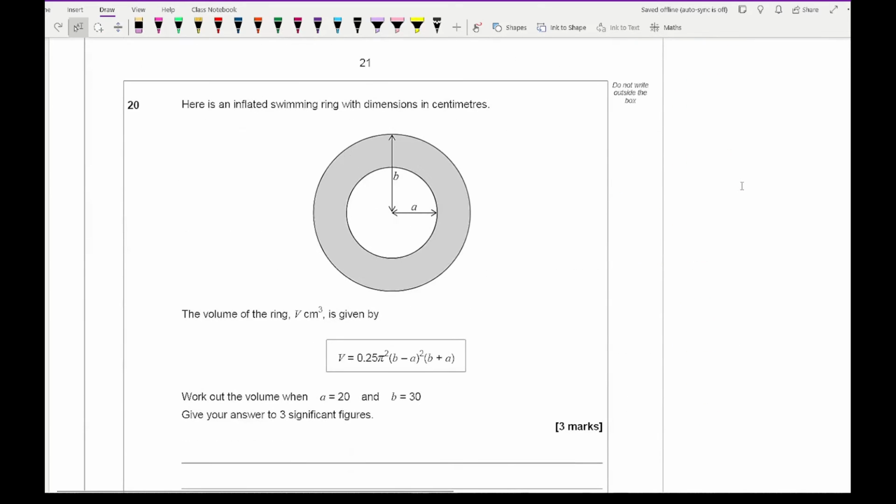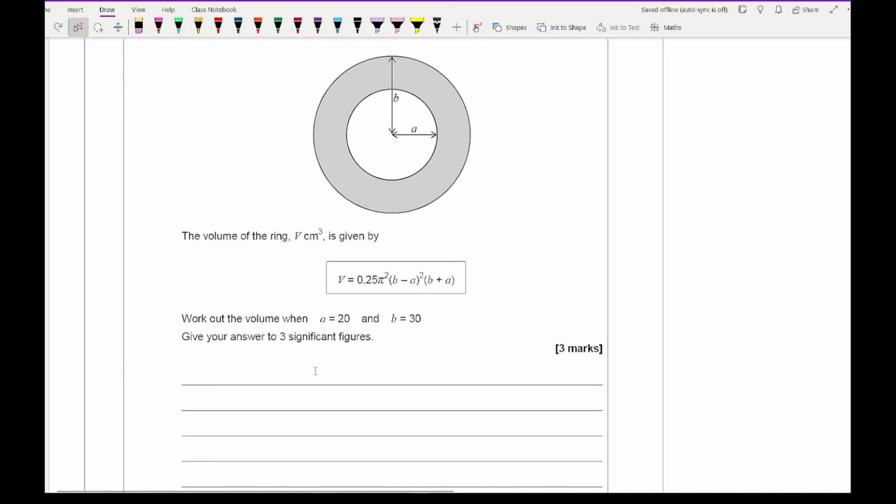Then looking at question 20, it says that here is an inflated swimming ring with dimensions in centimeters, and then we've got this formula. It says work out the volume when A equals 20 and B equals 30, and it is 3 marks. So this, I'll be honest, is surprisingly really easy. All I've got to do is substitute my A and B values into that formula.